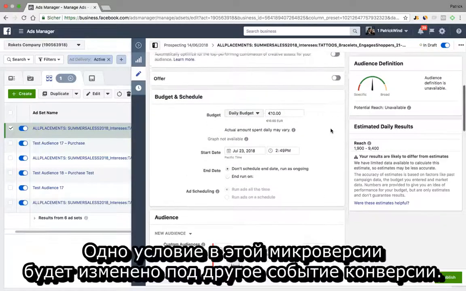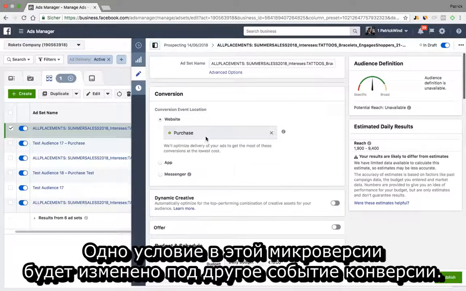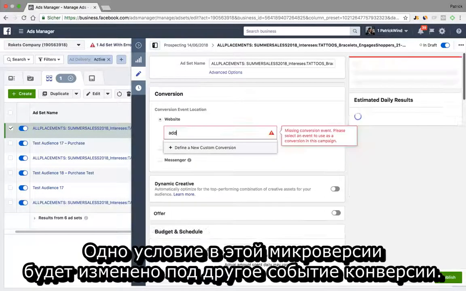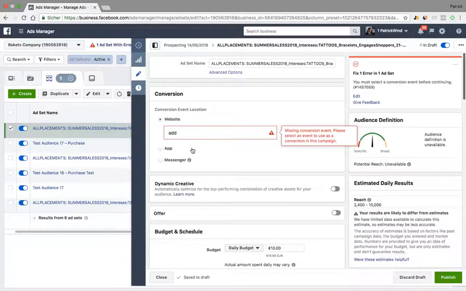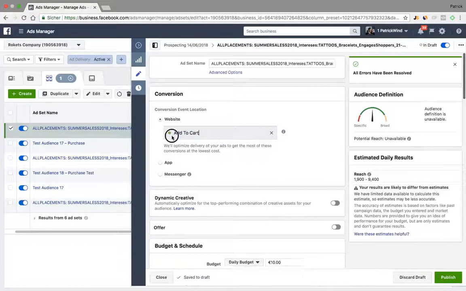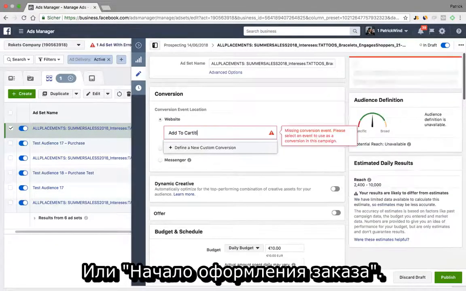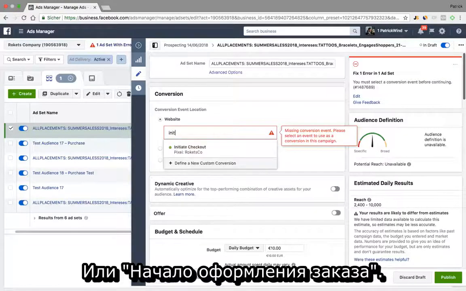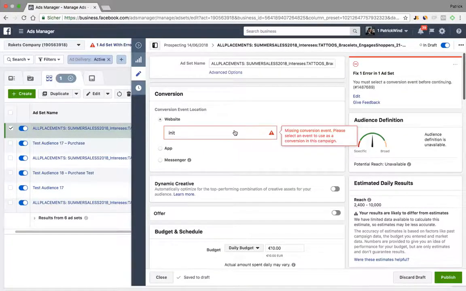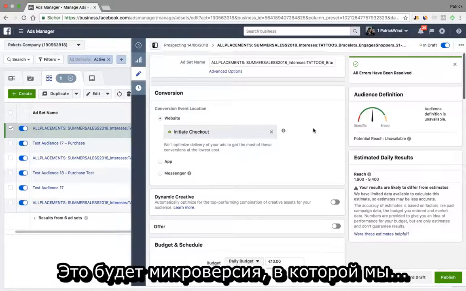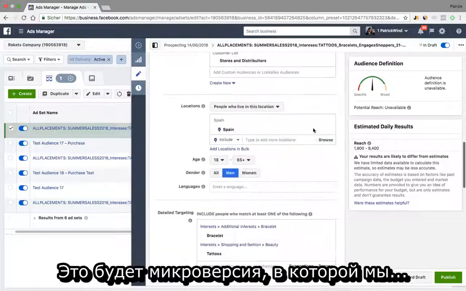And one option for a micro variation would be to change to a different optimization event. For example, add to cart or initiate checkout. So that would be one micro variation that we could do.